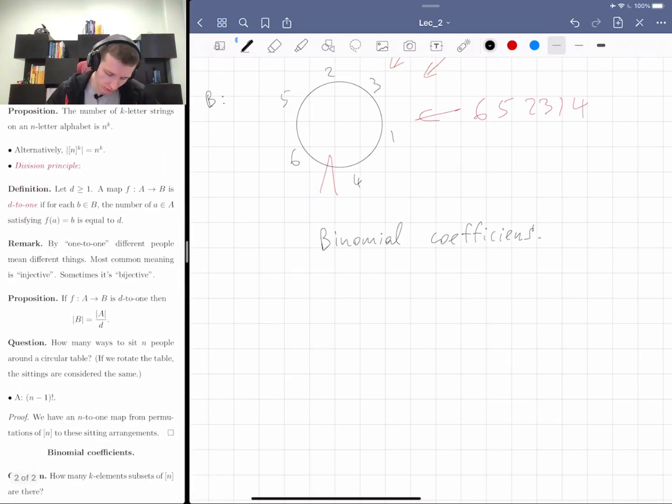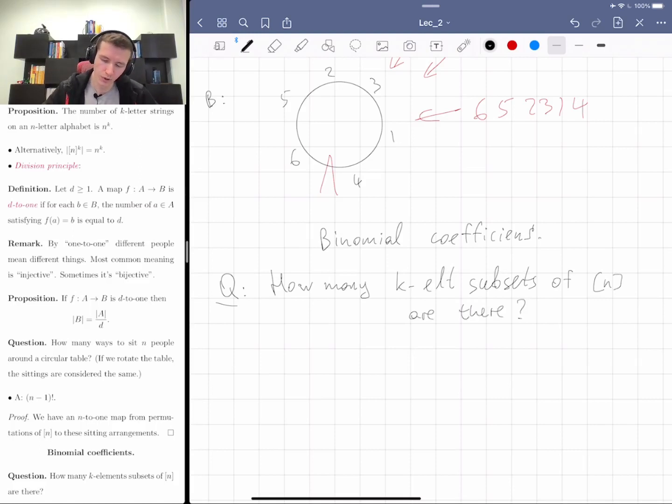Binomial coefficients count k-element subsets of bracket n. So how many k-element subsets of bracket n are there? Remember, a subset means that we choose k elements as we did for partial lists, but we disregard the order.